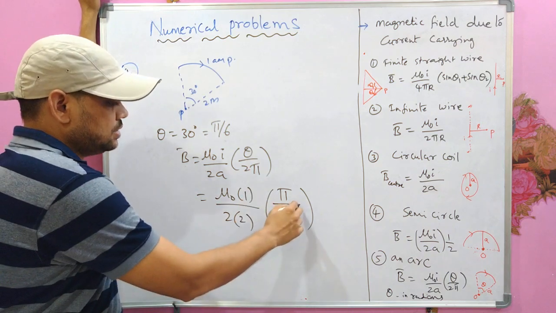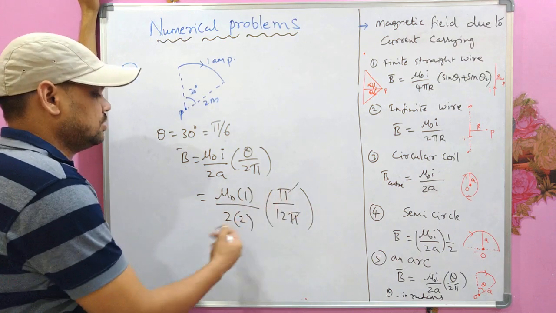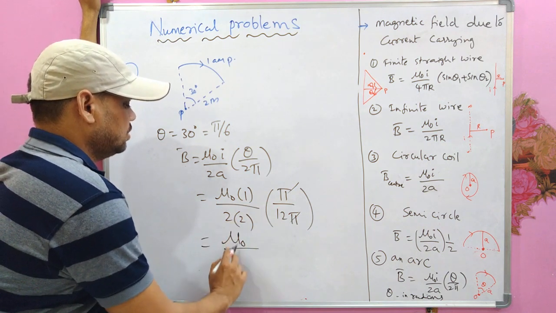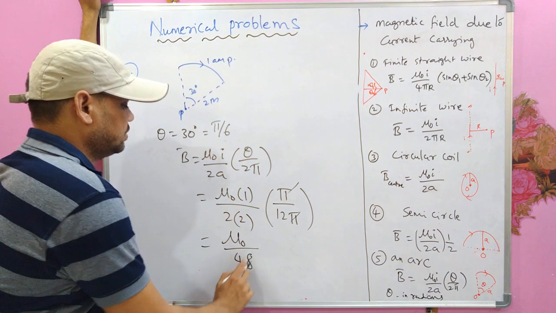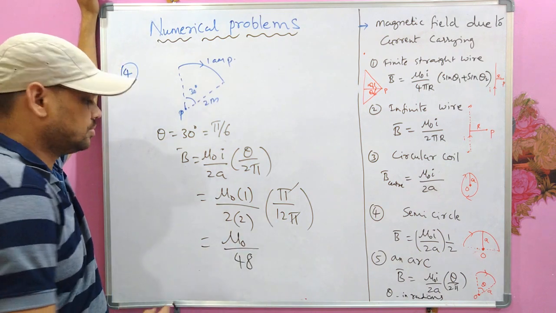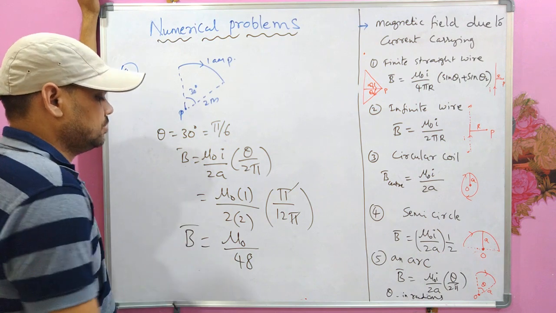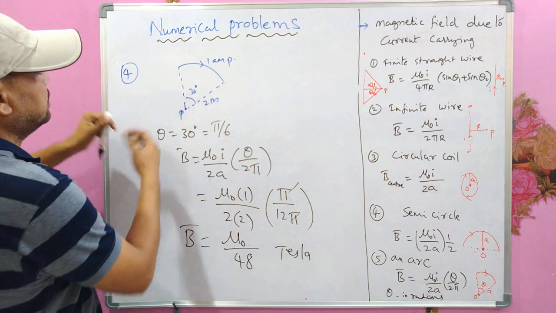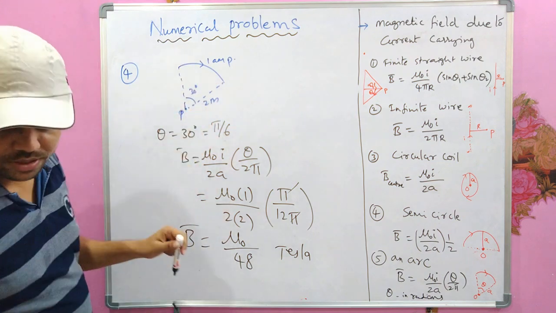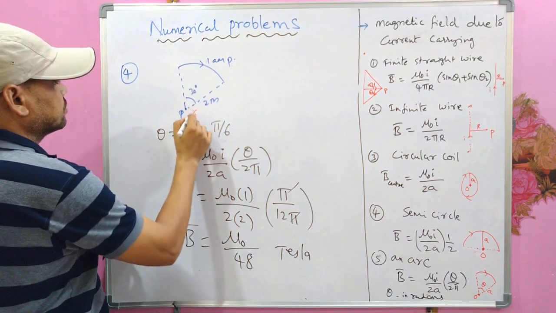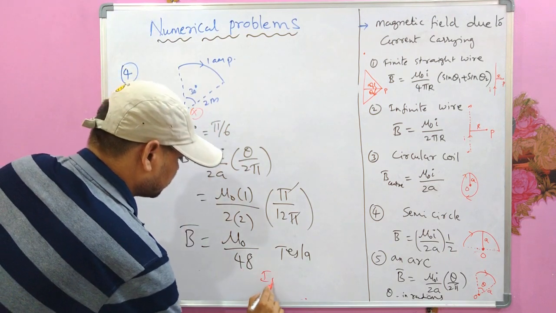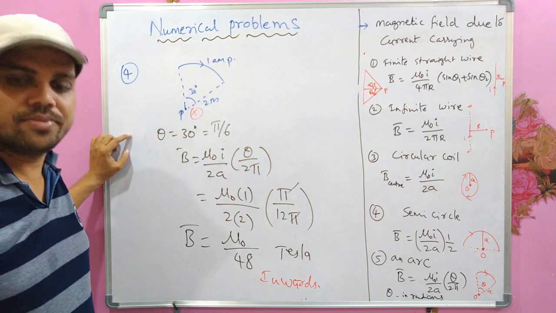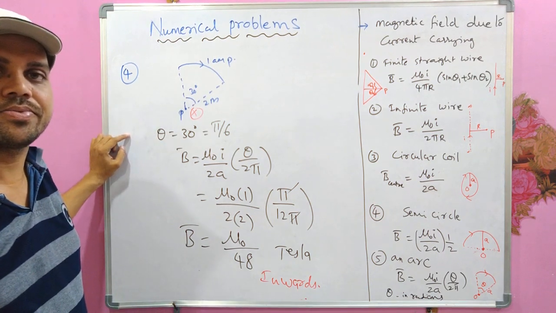And this cancels, and you will get mu naught by 48 Tesla. What is the direction? Inwards. This is how we calculate.